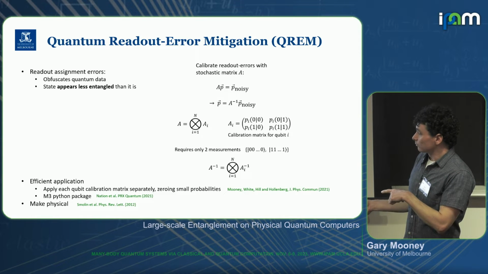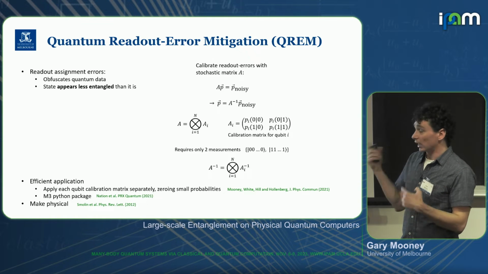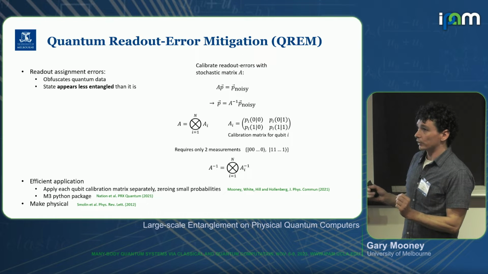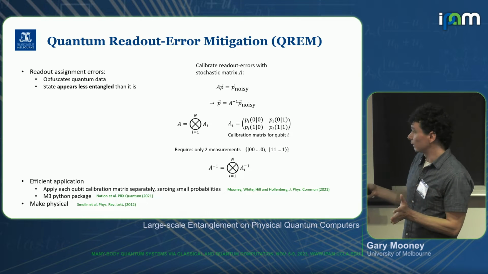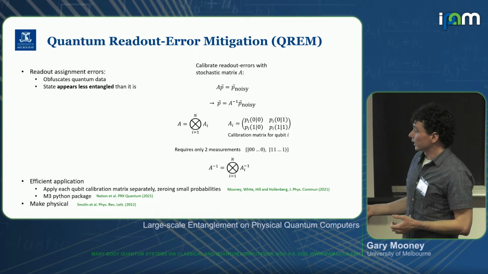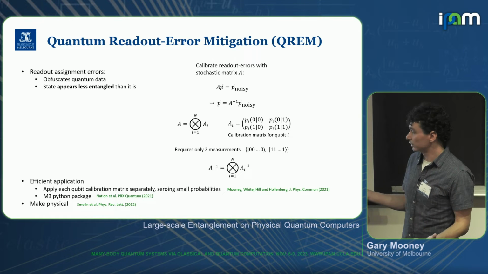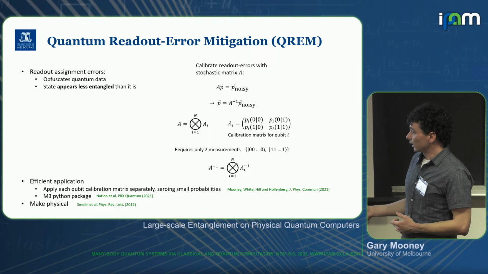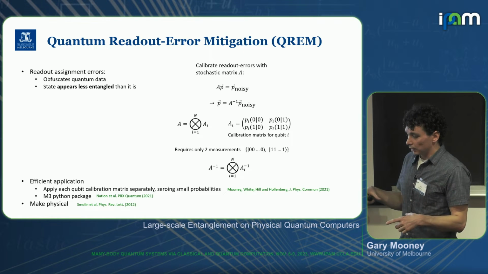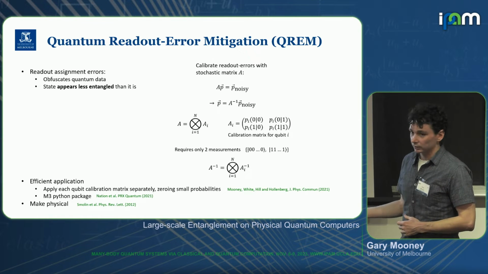Another thing we have to keep in mind is that because we're using a finite number of shots and applying a calibration which could be different to the actual experiment, because they're done at slightly different times, and you've always got shot errors, you can end up with non-physical probability vectors after correction. So you could get negative probabilities. And so we use an algorithm by Smolin to find the closest physical probability vector.